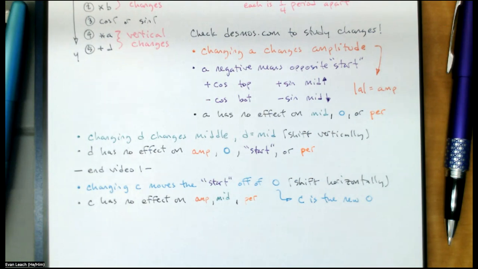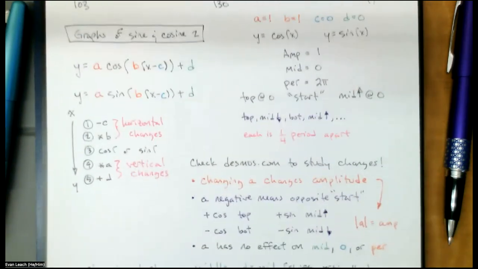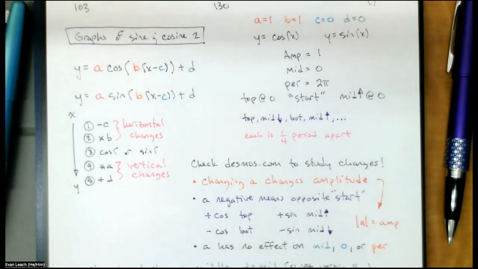One thing we want to note is that when we wrote this out, we wrote cosine, we have plus D, but in the equation we write minus C. So it looks like I have a subtraction of C. So minus C, so when it says minus pi, we go to the right pi units.